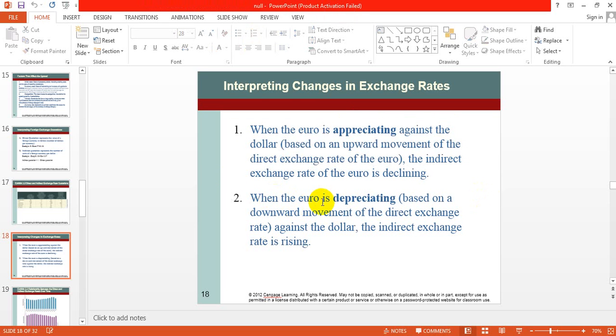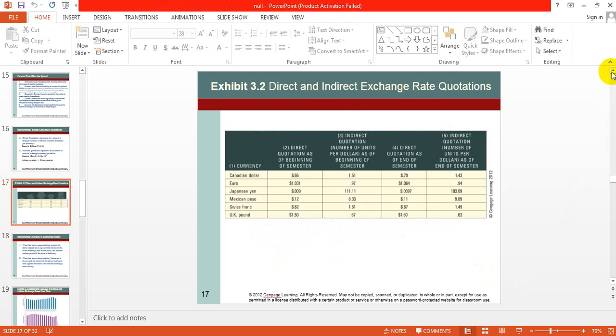Similarly, when the euro depreciates against the dollar, the indirect exchange rate is rising. So if direct quotation appreciates, indirect quotation depreciates, and vice versa. If direct quotation depreciates, indirect quotation will appreciate.